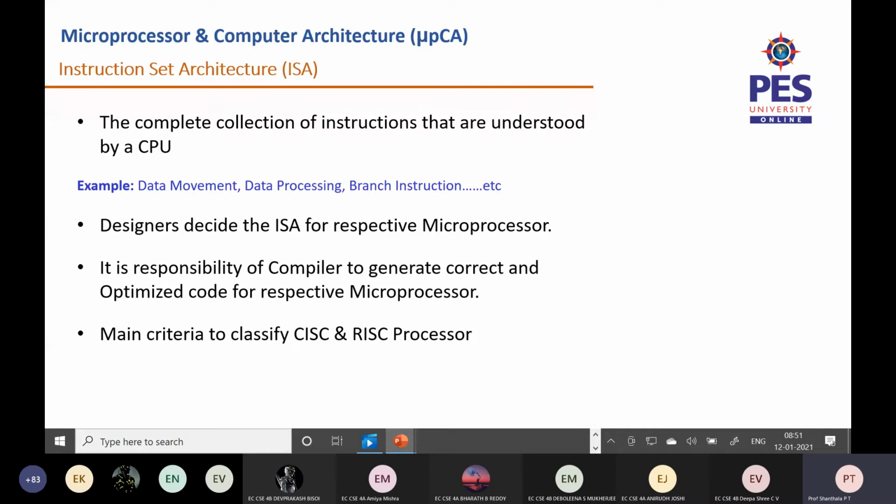The complete collection of instructions that are understood by a CPU is the ISA. Some examples of instructions are data movement instructions, data processing instructions and branch instructions. You have studied these instructions, but here we need to discuss the instructions with respect to the ARM processor.